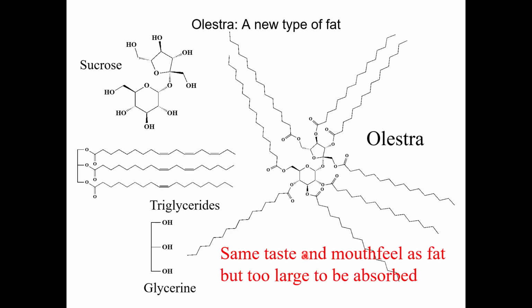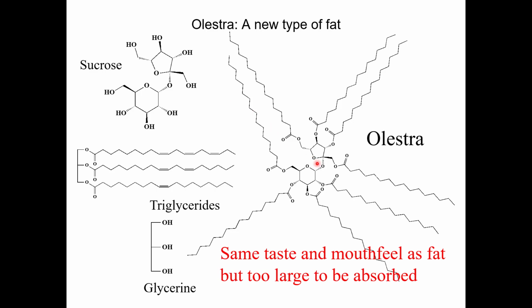Alrighty, let's also talk about olestra, which is a little bit outdated now. I think the last time that I found anything that had olestra in it, I was in high school, so that was a really long time ago. And I doubt that you can find any foods that actually contain olestra.